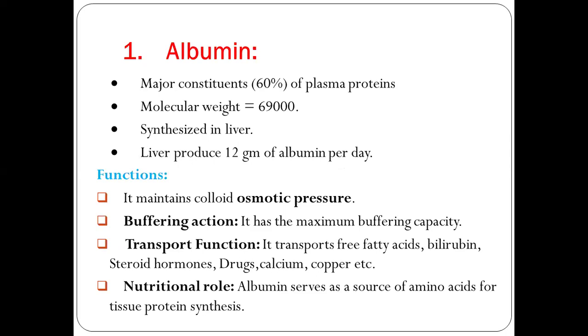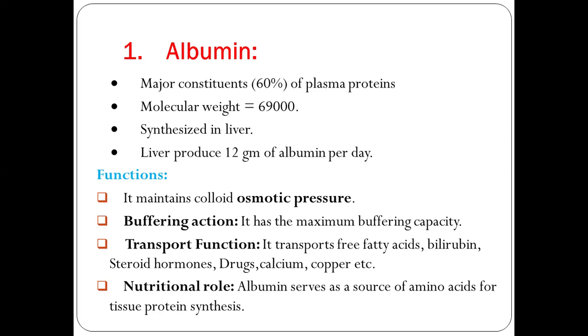Let's talk about the albumin. Albumin is the major constituent, about 60% of plasma proteins, with a molecular weight of 69,000 Dalton. Albumin is synthesized by the liver, 12 gram per day. If I talk about the functions of albumin, there are four major functions. One is that albumin maintains the colloidal osmotic pressure.